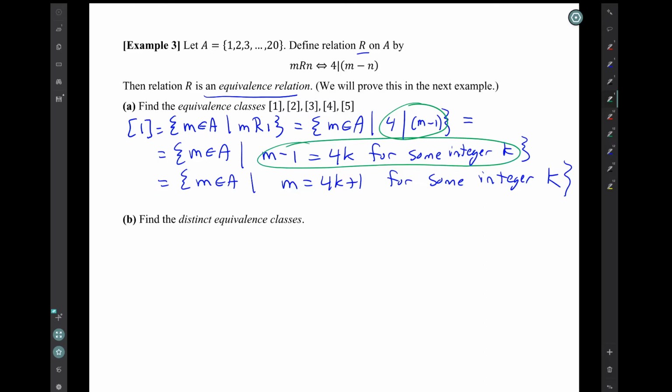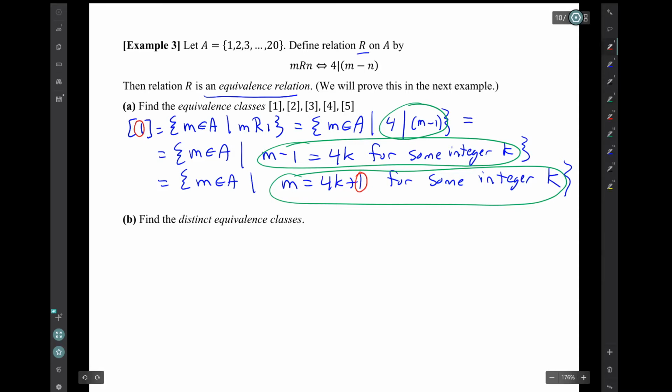Well, what does that mean? Well, I can rearrange it. It means that m can be expressed that way: m equals 4k plus 1 for some integer k. Now notice that that number 1 there shows up here. So the equivalence class of 1 is the set of all numbers of this form.